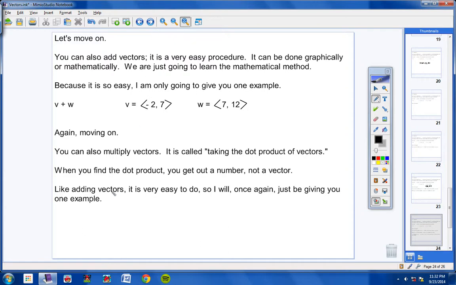And like adding vectors, it's so easy to do. Once again, I'm just going to give you one example because it's really simple. This little dot right here, students, means we're going to take the dot product of these two vectors. We're going to multiply these two vectors together.